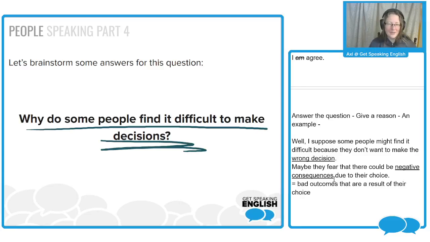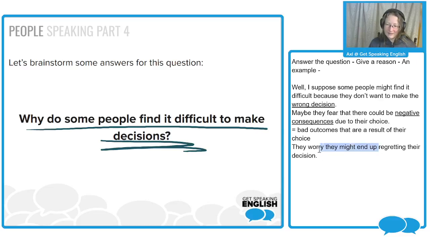Yeah, so maybe it would be hard for that reason, right? Maybe they worry they might end up maybe regretting their decision. So if you regret a decision, that means that after you feel that you've made the wrong choice, and you're kind of mad at yourself about it almost.